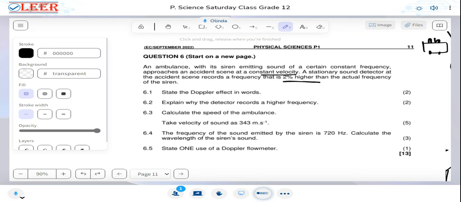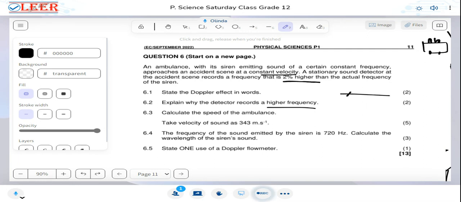6.2: explain why the detector records a higher frequency. Why is it recording a frequency 2% higher? When the source moves towards a stationary observer, the waves in front of the source are compressed, resulting in a shorter wavelength and a higher frequency.